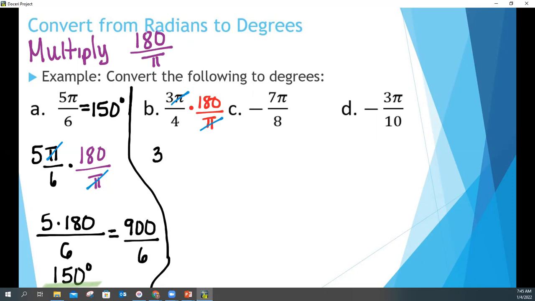So in your calculators, take 3 times 180 and then divide that answer by 4. And you should get 135 degrees. Okay.